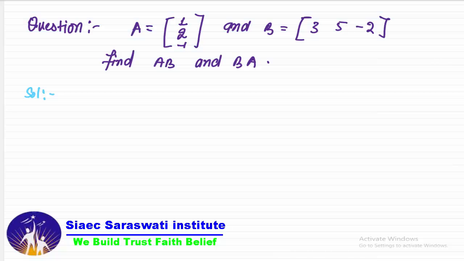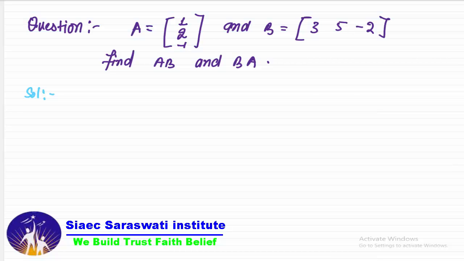As you know, to multiply, the number of columns of the first must be equal to the number of rows of the second.